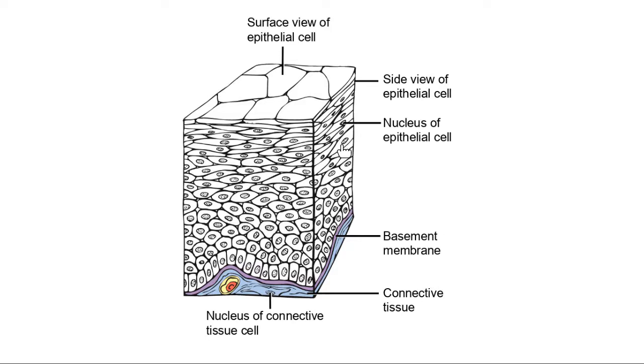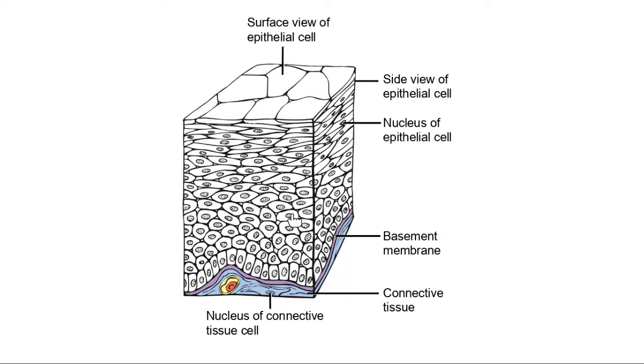For this picture, you need to know that the epithelial tissue is located on the surface and the connective tissue is located deeper. Between epithelium and connective tissue, you can see the basement membrane.